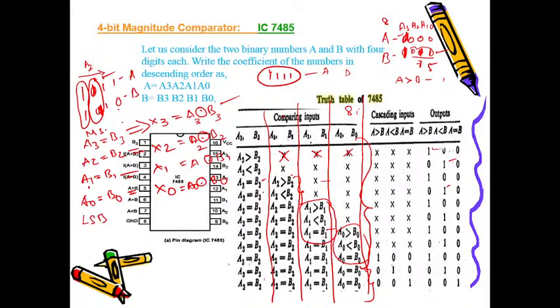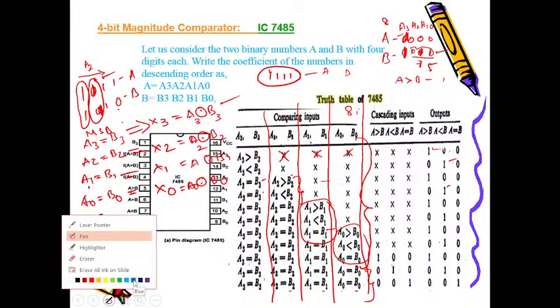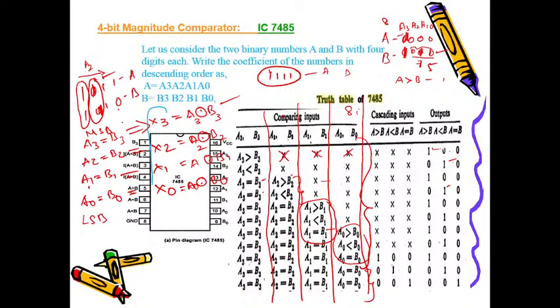Did you get it? So 4 XNOR gates to find bit by bit equality, assigned with the variables x3, x2, x1 and x0. So the equality function, this is how you can write.